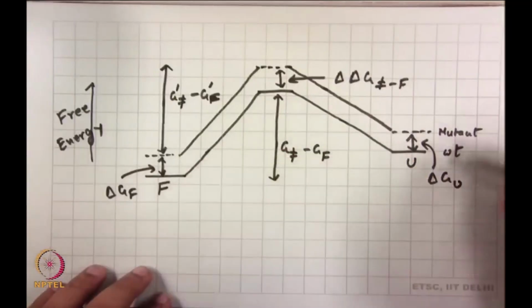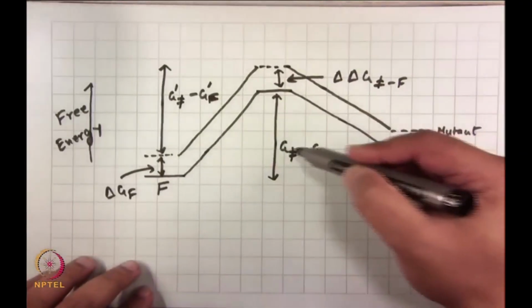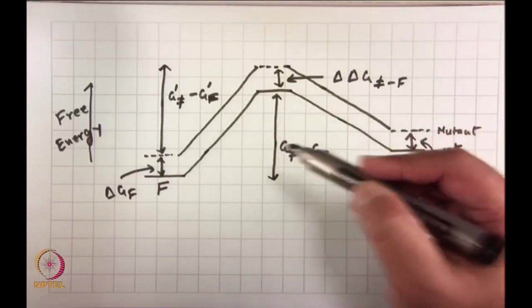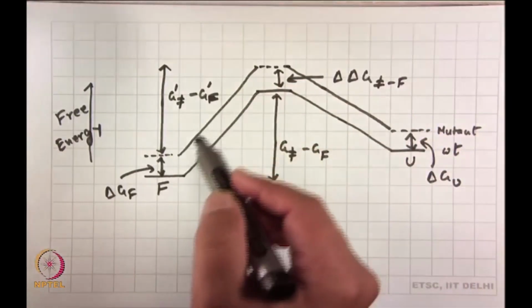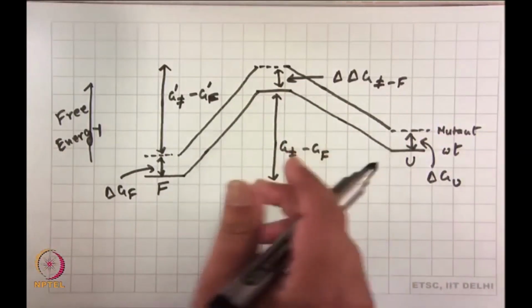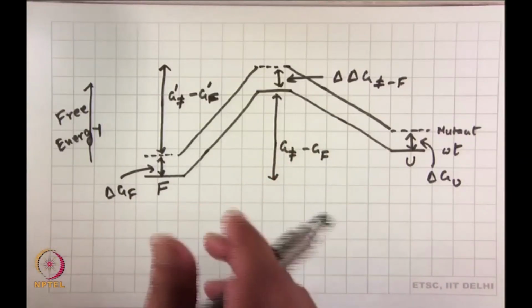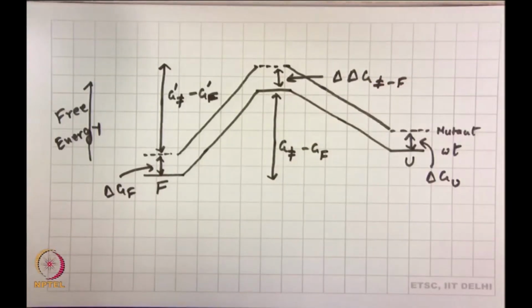The change for the unfolded state is given by delta Gu. G hash minus Gf is the TS barrier. G hash minus Gf with the primes is the same barrier for the mutant. If I take a difference between these two barriers, I will be getting delta delta G, that means the difference in barriers of the two transition states, which is delta delta G hash F. Is it clear what we are talking about now?